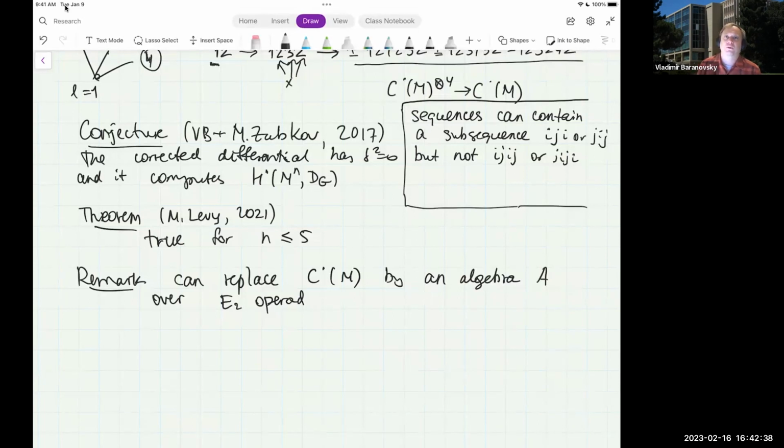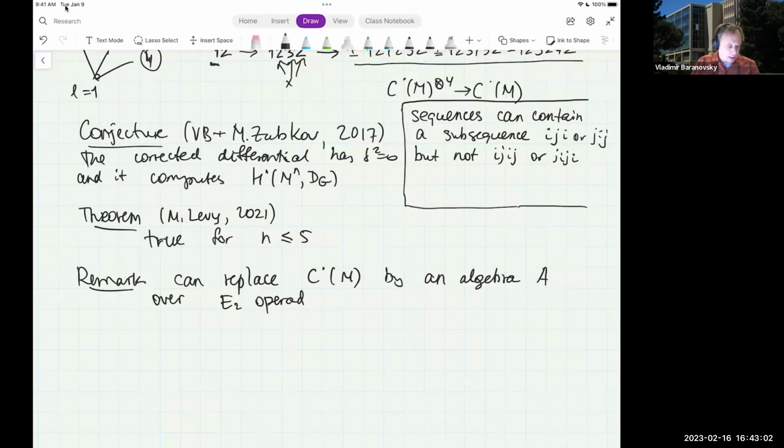We could just work with this algebra, which is associative and only commutative up to homotopy, and we could also attempt to start with a category which has some structure, and then construct this coefficient algebra A out of a category.